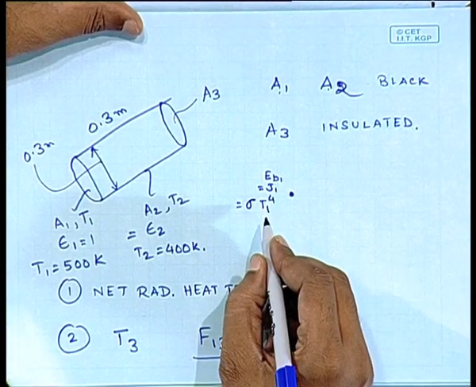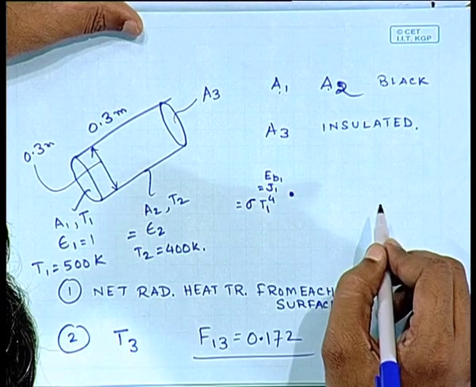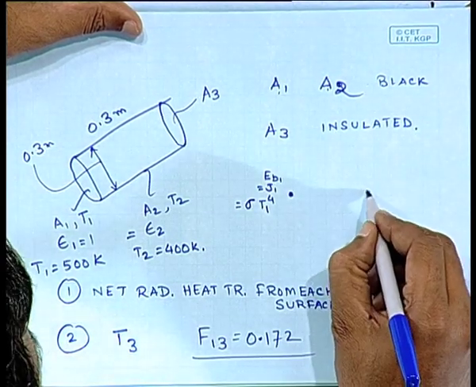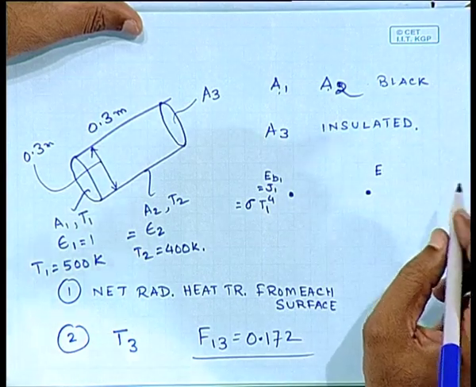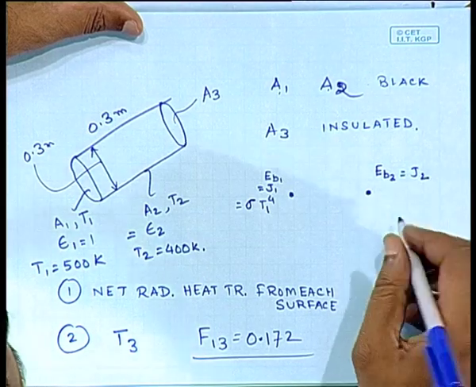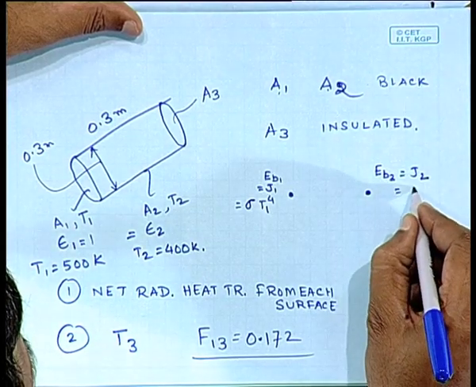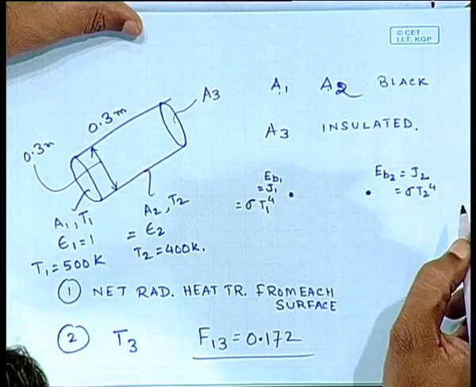The value of T1 is known to you, so this is simply going to be in watt per meter square. Surface 2 is also black, so Eb2 would be equal to J2, no surface resistance, and this Eb2 would simply be sigma T2 to the power 4. The value of T2 is known to you.